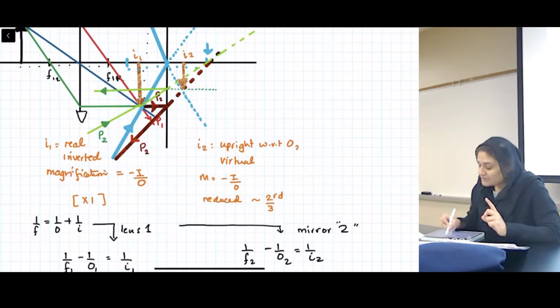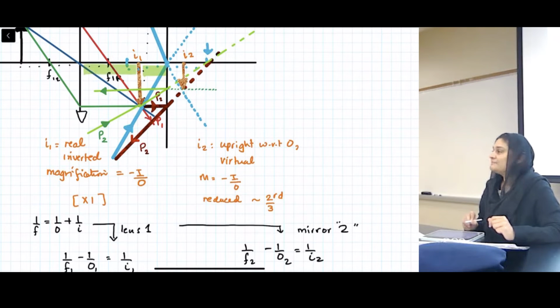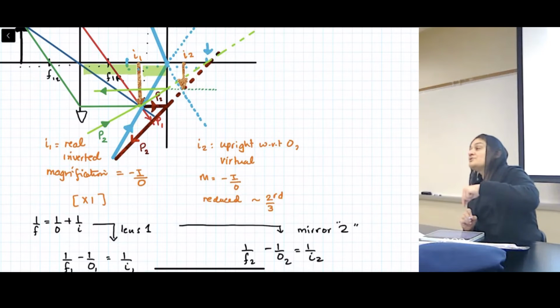So in fact, watch this carefully. This is the distance that you now need, whereas this object I1 was this distance. I1 is according to lens 1. But now you need the object with respect to lens 2.